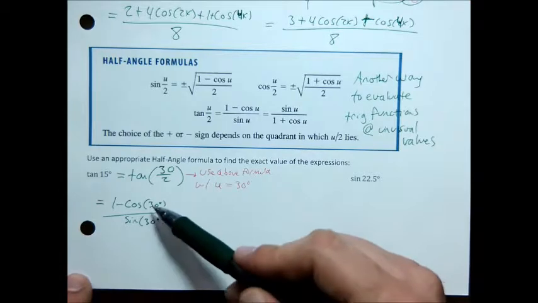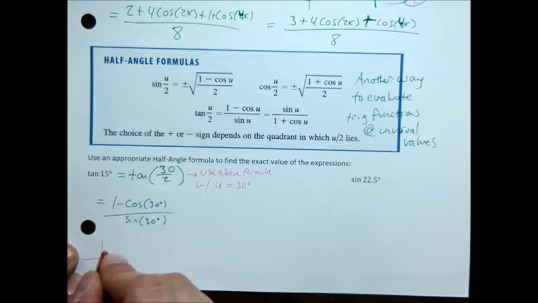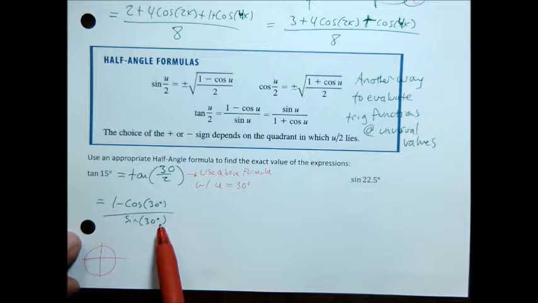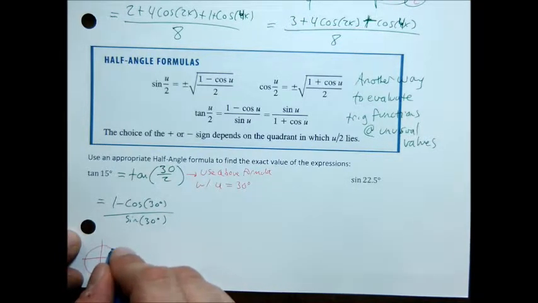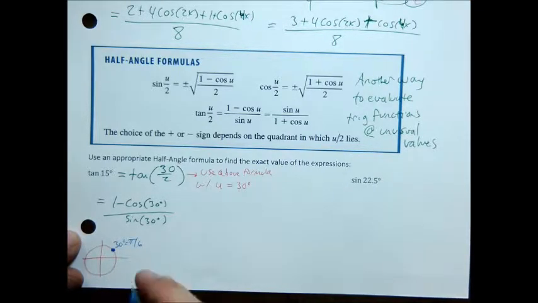And so these individual parts are from the last test. If I want to know cosine or sine of 30, we think about where 30 degrees is on the unit circle. 30 degrees is right there. It's pi over 6, and I know pi over 6 has the point root 3 over 2, 1/2.